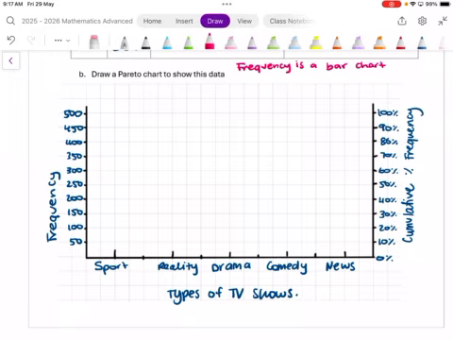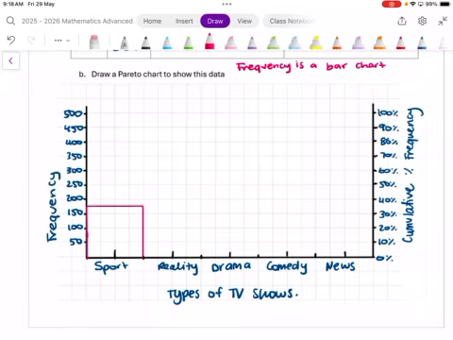Okay, so our frequency is a bar chart. So our frequency for sport was 174. So we're going to go up to roughly where 174 is, and we're going to draw a line across those first four, because that's where sport is. Like that. Does that make sense?